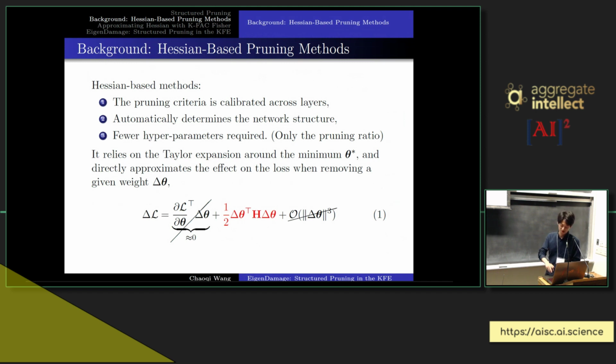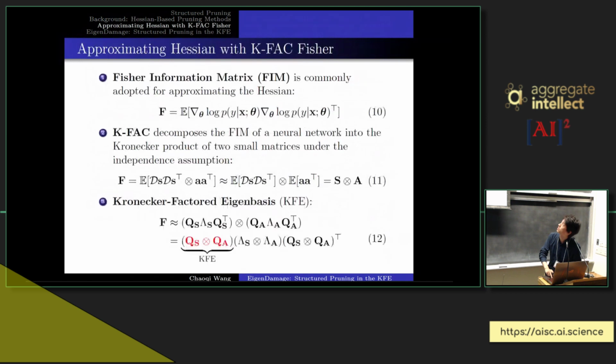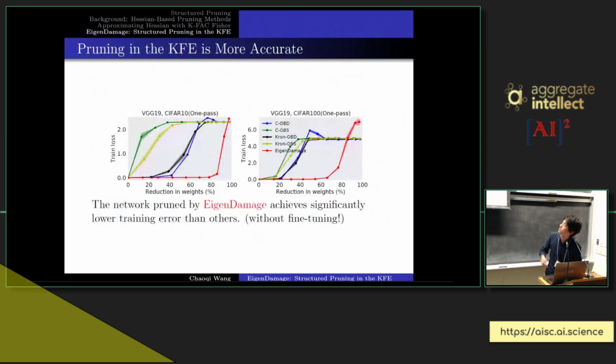In our paper, we have compared the convergence. Is it difficult or easier? If your pruning algorithm is more accurate, then it's easier, as this figure shows. If your pruning algorithm is good enough, then pruning 80% of the weights gives no increase in the training error. That means you start at a very low error, so fewer epochs are needed to fine-tune the network. For other methods, after pruning, they perform almost as random.